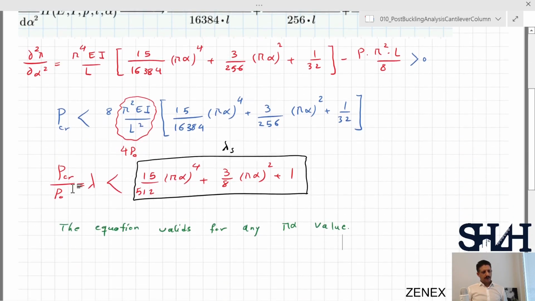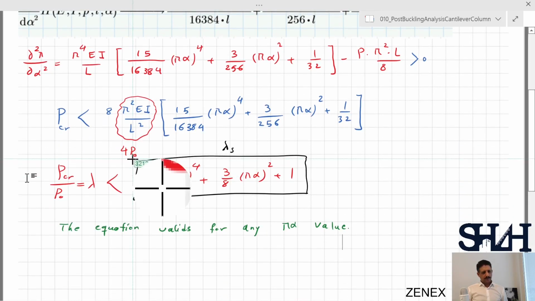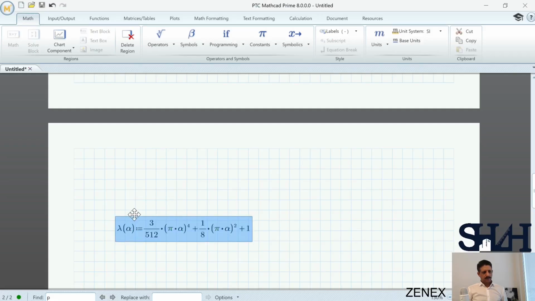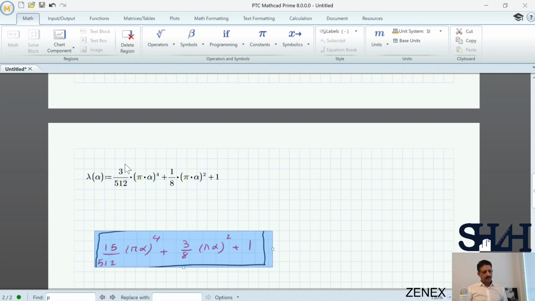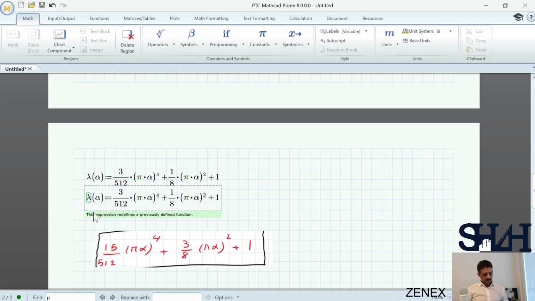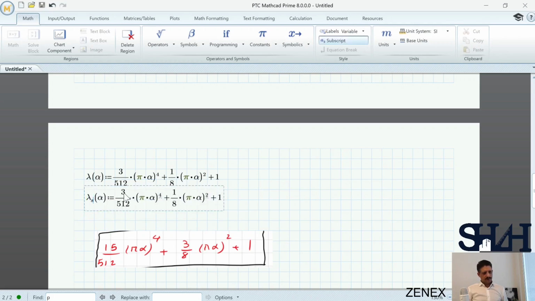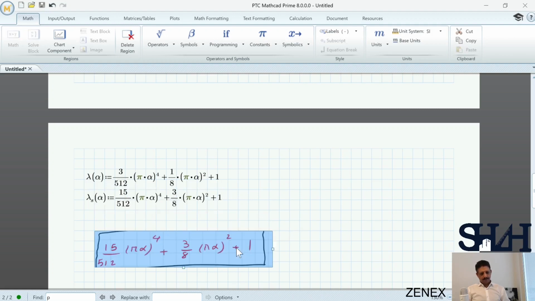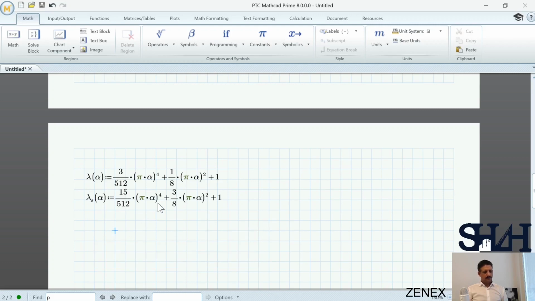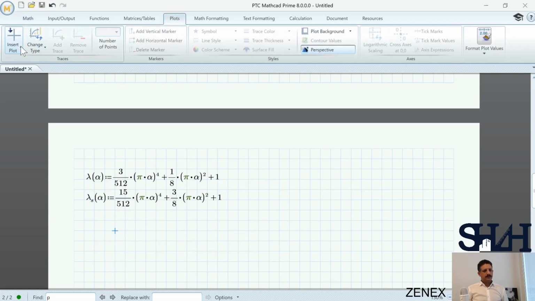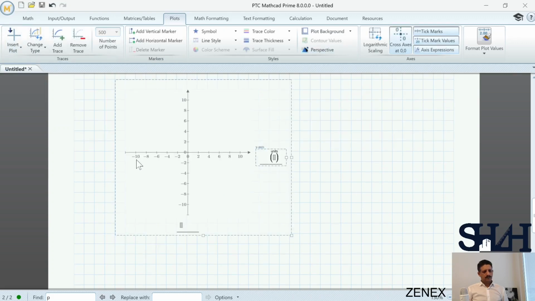And lambda s, let's call it lambda s. So this is 15. This is 3. Now we can plot these two. We want to start from 0. And here also 0.